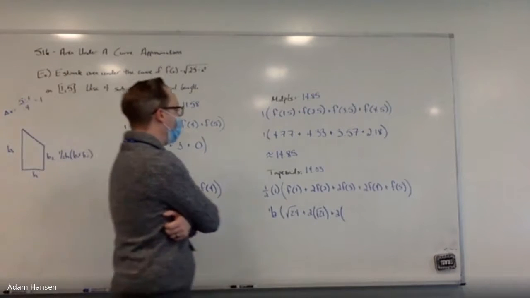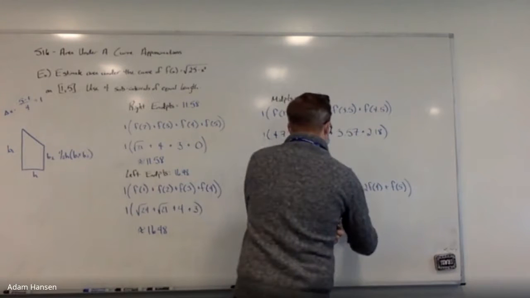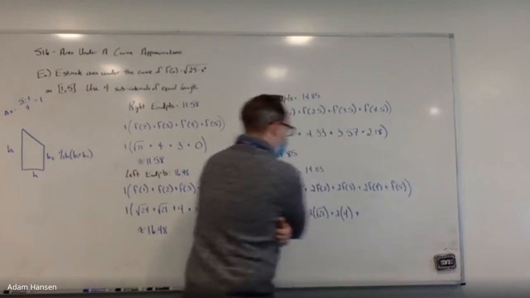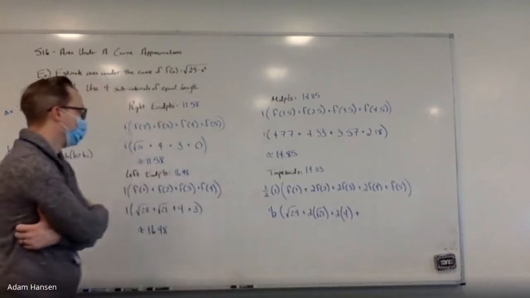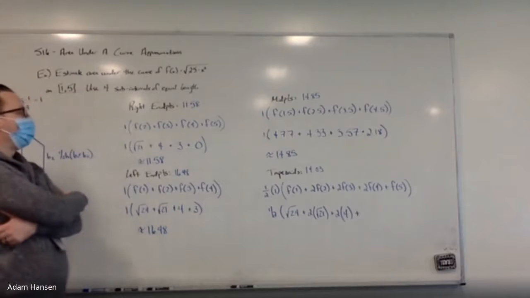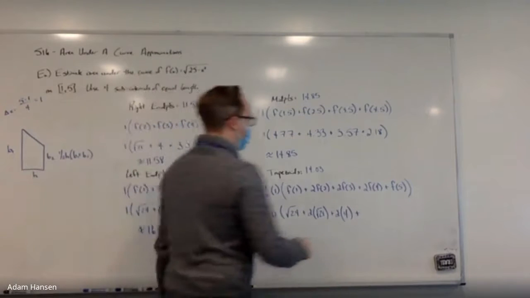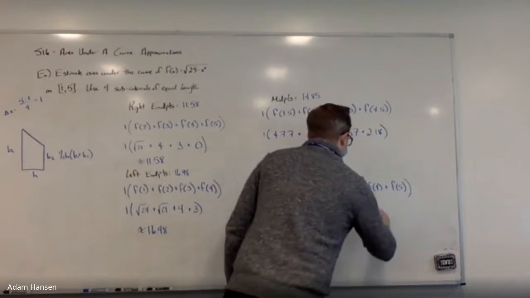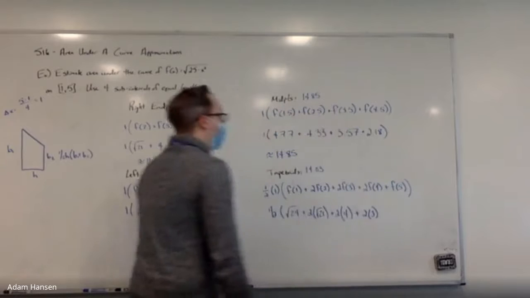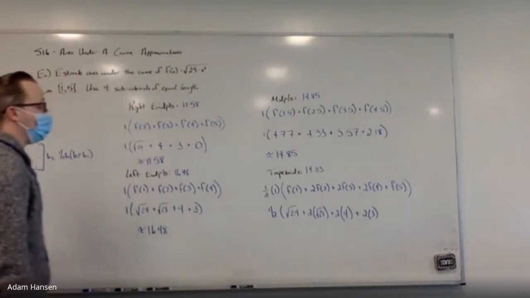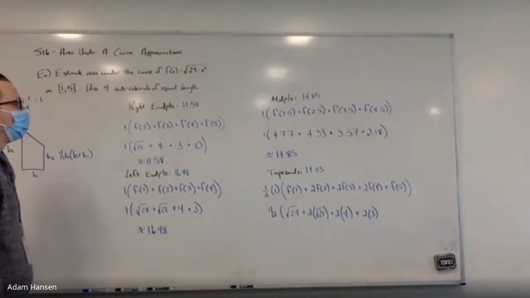Square root of 16 is 4. F of 4 is the root of 25 minus 16, which is the square root of 9, or 3. F of 5, once again, was a 0.